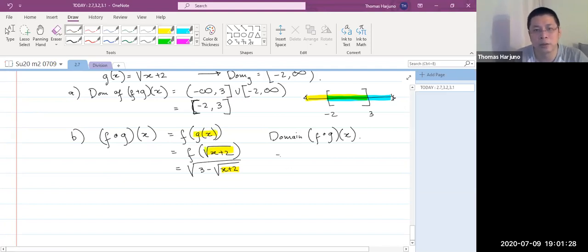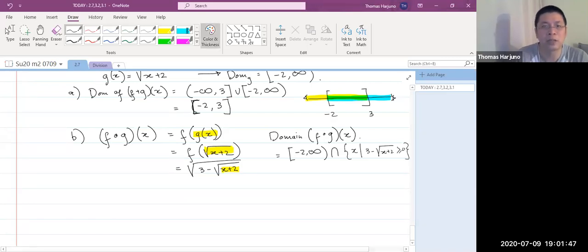So we know that x has to be greater than or equal to negative 2, but we intersect that with all those x where 3 minus the square root of x plus 2 is greater than or equal to 0. Basically, I'm saying that this expression has to be positive.